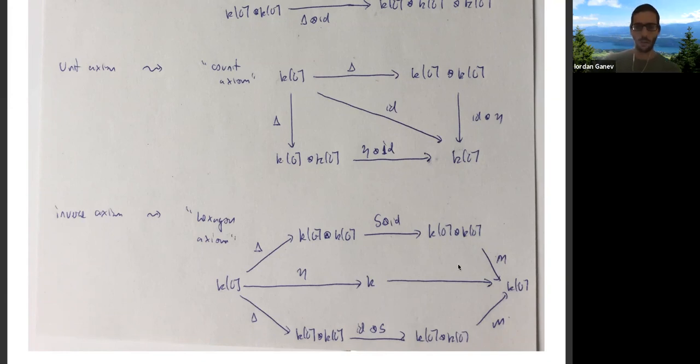And here we have this map eta, that's the co-unit, and then K. What's this map? Any K-algebra has a canonical K-algebra homomorphism from K, and that's all this map is doing here. It's the analog of every K-variety having a map to a point.